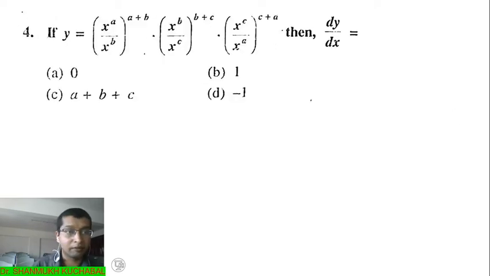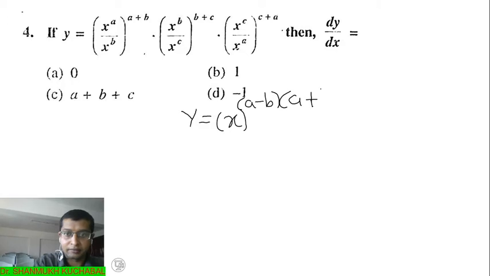Example number 4. Y equals this expression is given, and we have to find dy by dx. First we need to simplify this expression, and after that find the differentiation. It is x raised to a divided by x raised to b. Using the laws of indices, we get x to the power of a minus b, and a plus b.